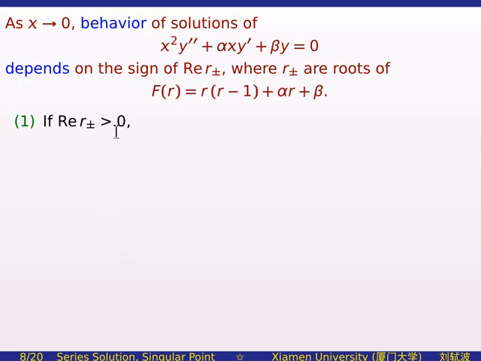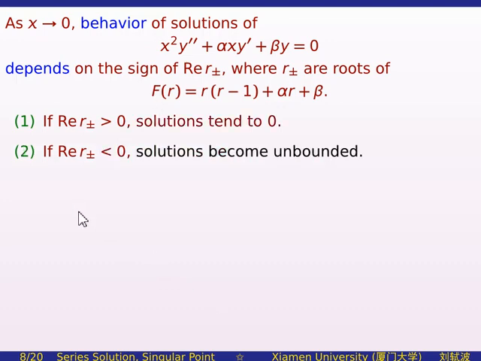If the real part is positive, because the solution is x^r, in every case the solution contains x to the real part of r. So if the real part is positive, then as x goes to 0, the solution tends to 0. And if the real part is negative, then the solution becomes unbounded, because the solution has a factor x to the real part of r.